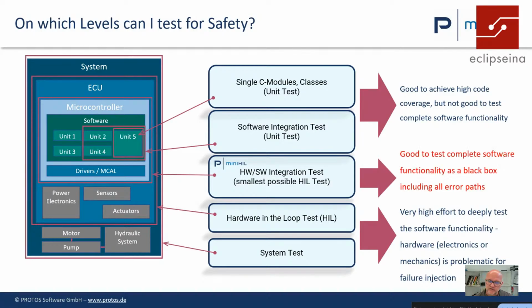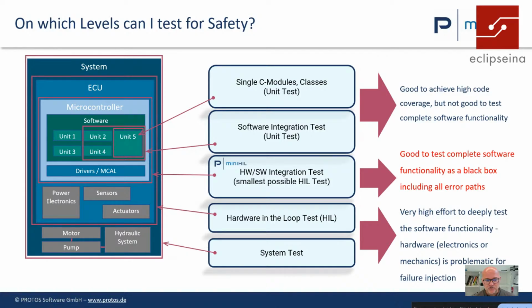That's why we're focusing mostly on hardware and software integration tests. That's the smallest possible HIL test, and it's very good to test the complete software functionality on your microcontroller as a black box, including all the error paths. So for example, if you want to test the temperature sensor, you do not need a climate chamber.